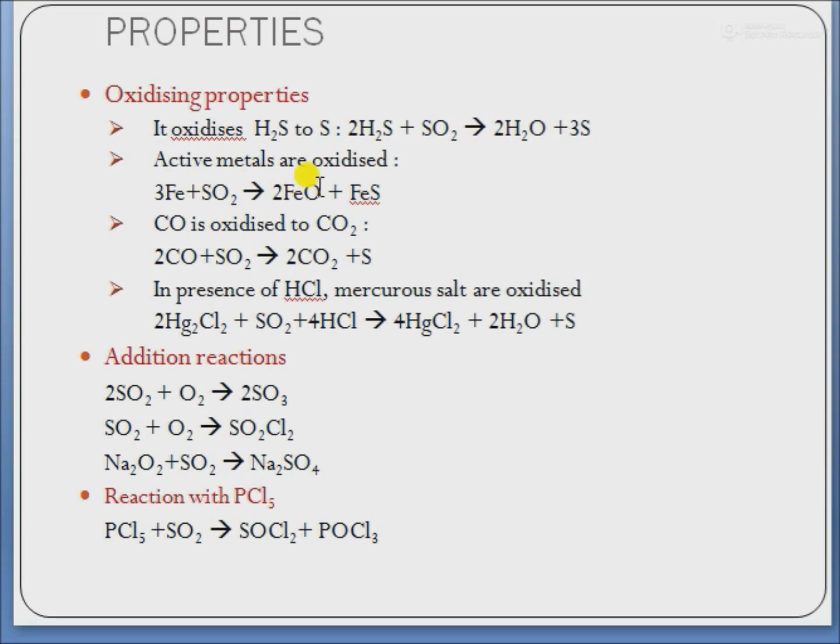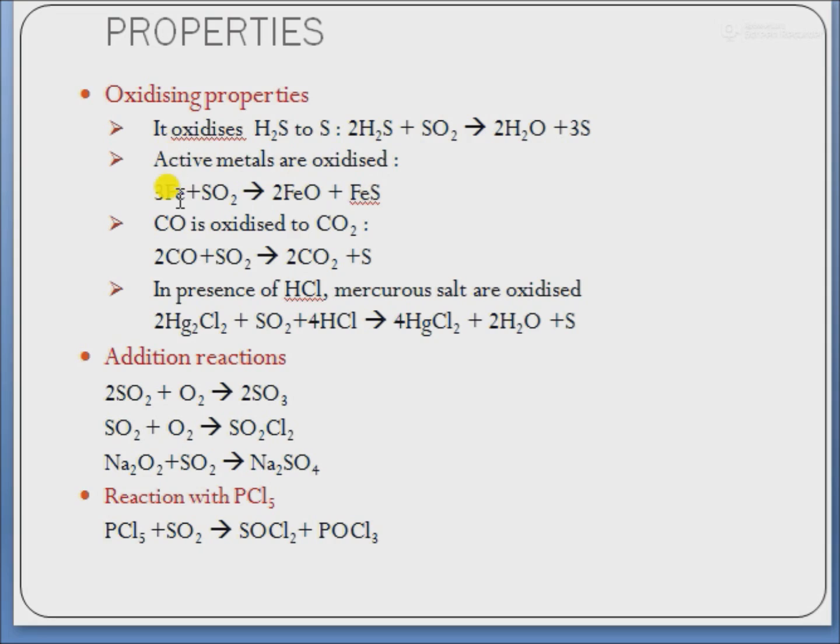Next are the oxidizing properties. It acts as a mild oxidizing agent, particularly when it reacts with strong reducing agents. It oxidizes H2S to sulfur. H2S plus SO2 gives water plus sulfur. When it reacts with active metals, it oxidizes active metals like iron. When iron reacts with SO2, it gives FeO plus FeS.